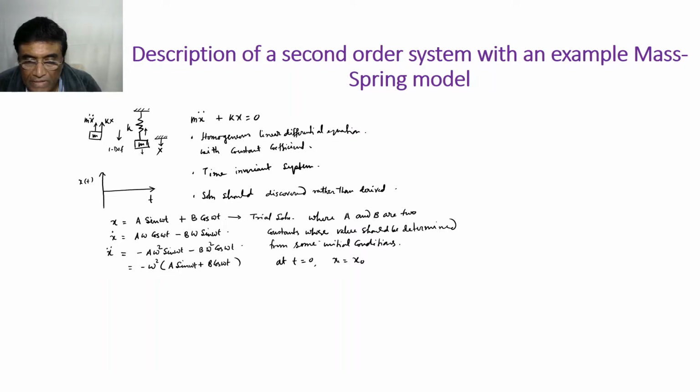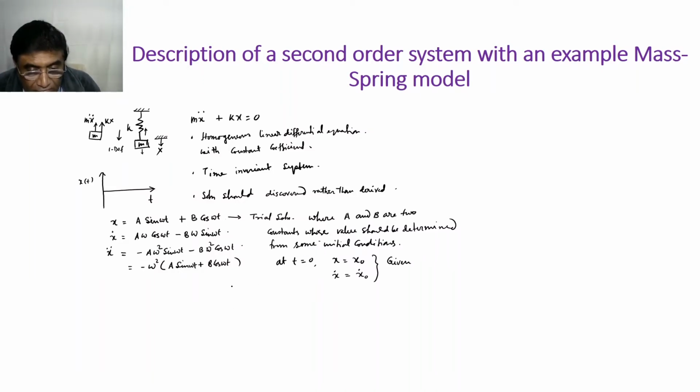So initially there should be some displacement, and also, because I stretched it with some velocity, at t equal to 0 the initial velocity is this. So these are given. If they are not given, A and B cannot be explicitly found. They are called initial conditions or boundary conditions.